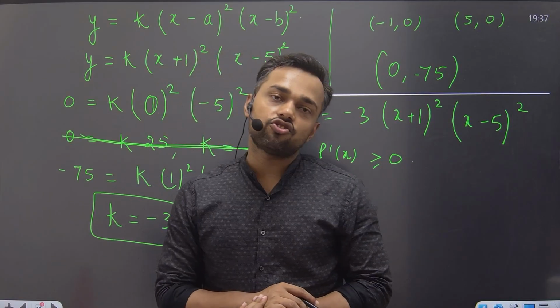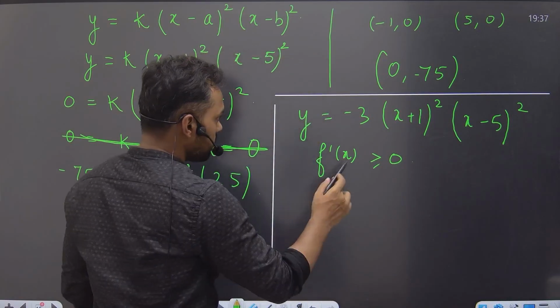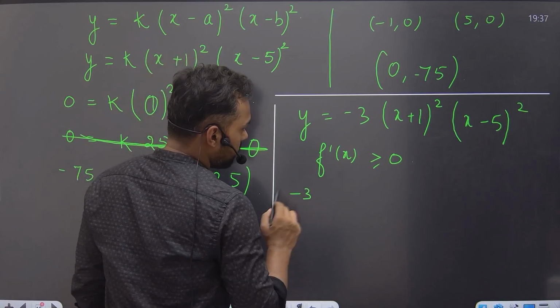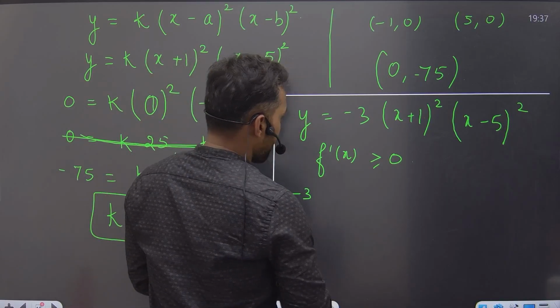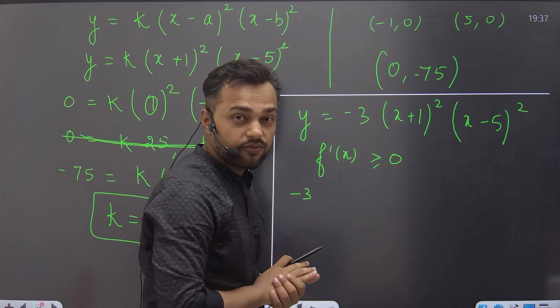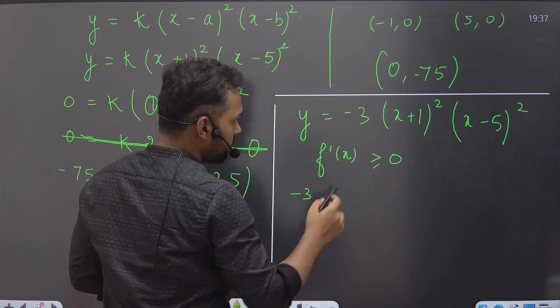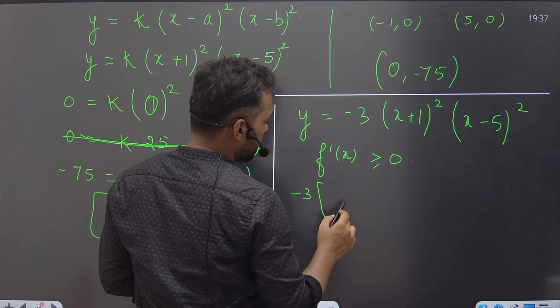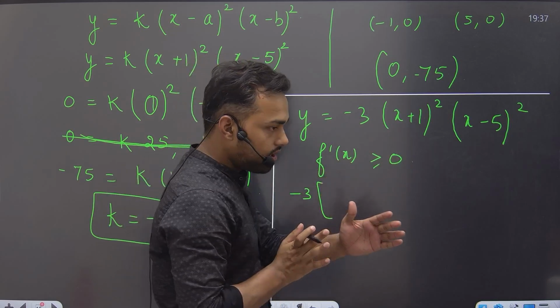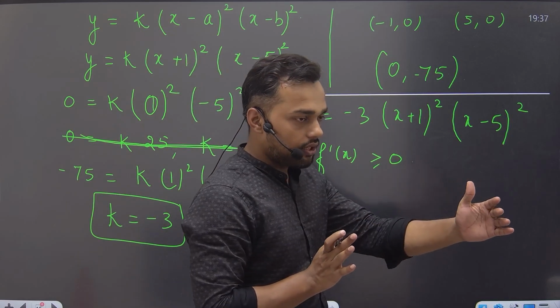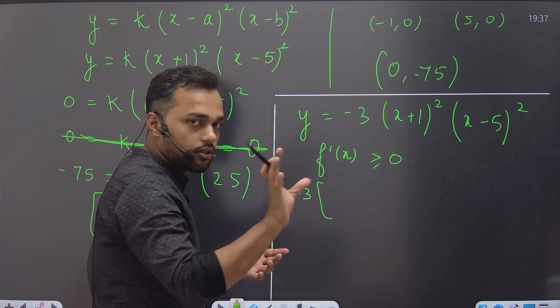We will be applying the chain rule here. So I'll tell you how. Negative of 3, I am differentiating this function with respect to x with the help of chain rule. So negative of 3 in bracket, the first function will be getting differentiated and the second will remain the same.